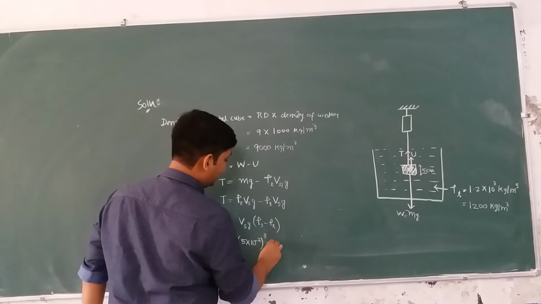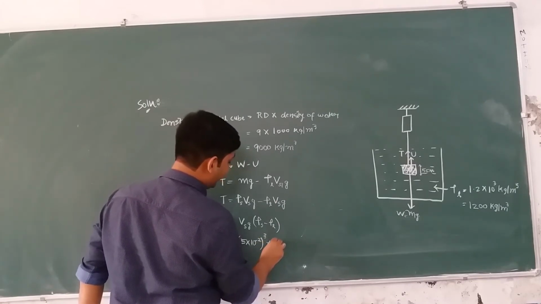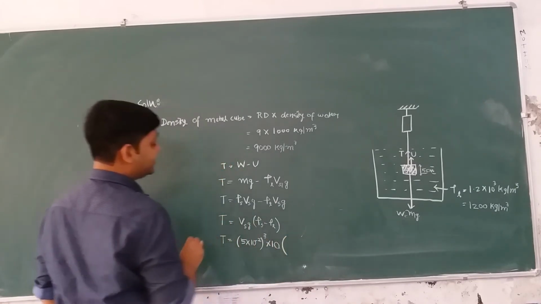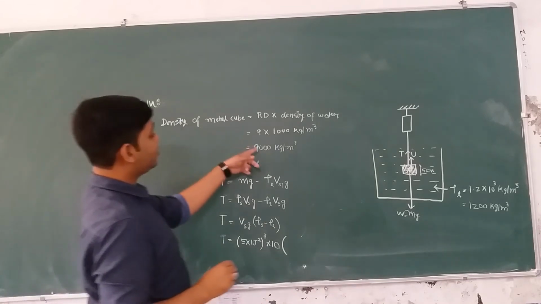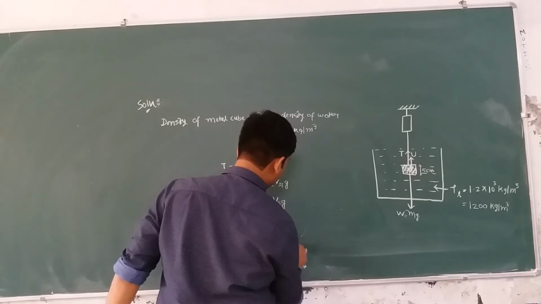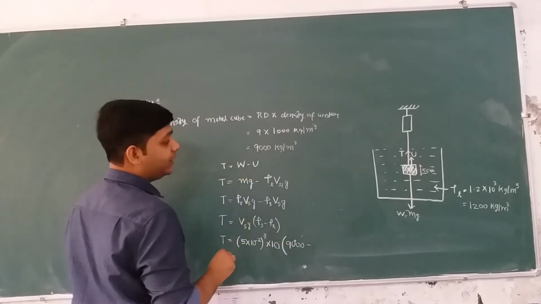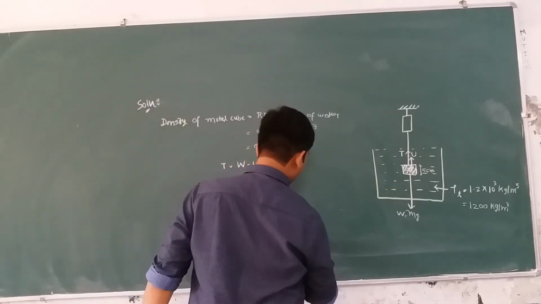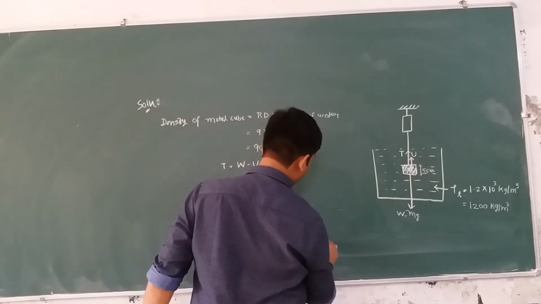Multiply by G, let us take the value of G as 10. And what is the density of the solid? Density of the solid is 9000 minus density of liquid. Density of liquid is given as 1200 kg per meter cube.